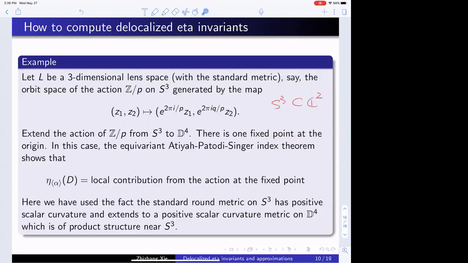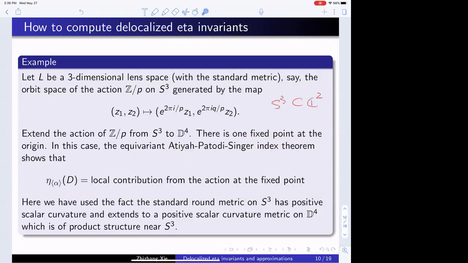Now, in this case, the equivariant Atiyah-Patodi-Singer index theorem, which I mentioned, is an index theorem for manifolds with boundary. Here's the equivariant version. Think of this as some type of Lefschetz fixed point theorem.